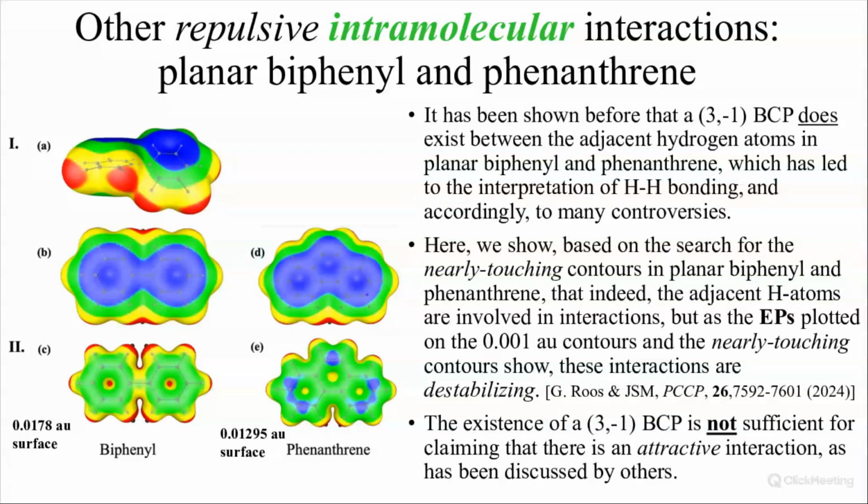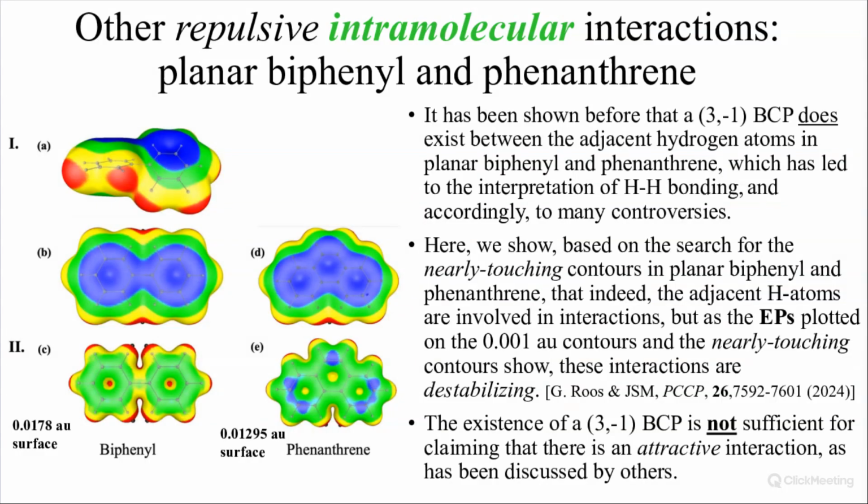And the same thing for phenanthrene. And there are 3-1 bond critical points in both the planar biphenyl and the phenanthrene. And there were some people who were saying, oh, this is HH bonding, but it's clearly repulsive.